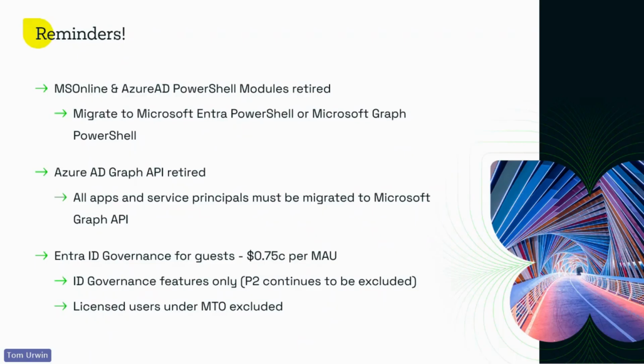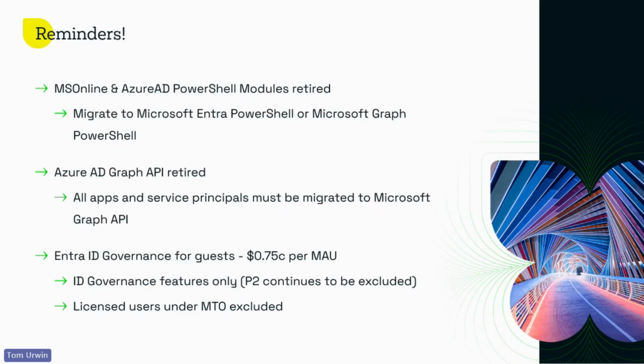Now, that is specifically for the ID governance SKU. As before, if they're P2 features, so standard access packages, access reviews, those types of things, they won't be billed. But if there are any of the advanced features, so lifecycle workflows, for example, automatically assigned access packages, or the verified ID integration with access packages that we've looked at, all of that will have a charge per monthly active user.